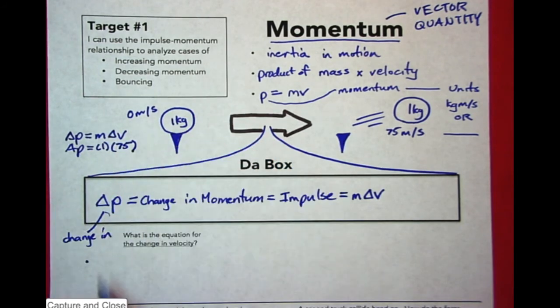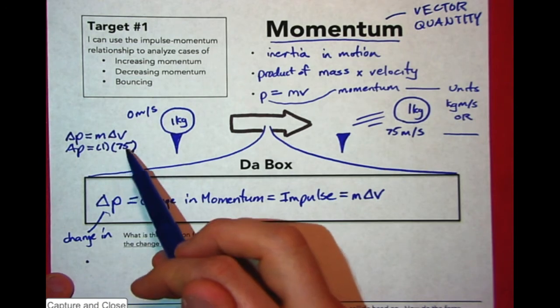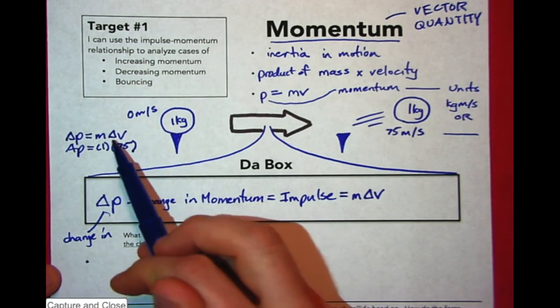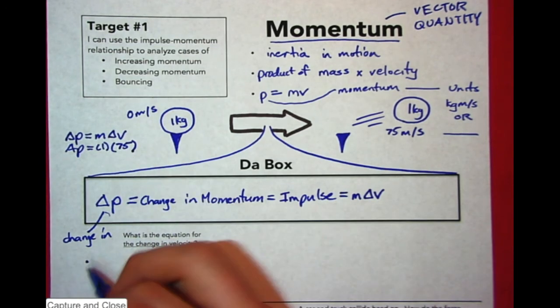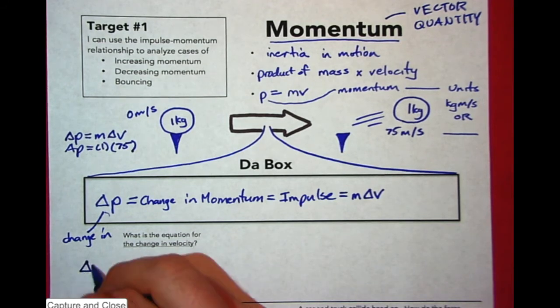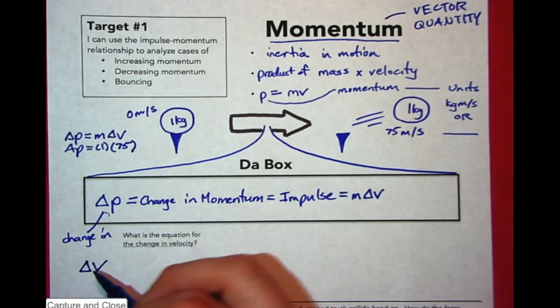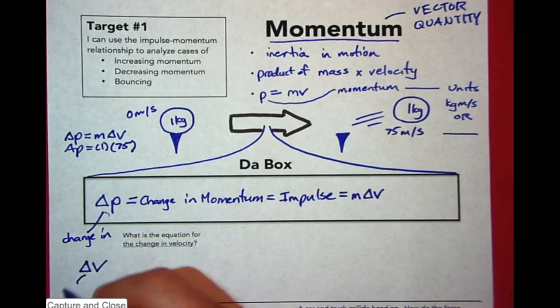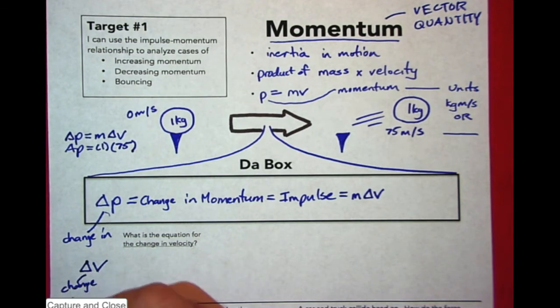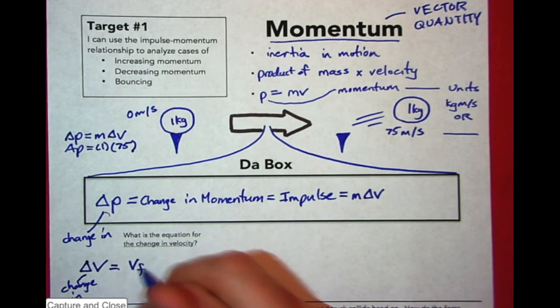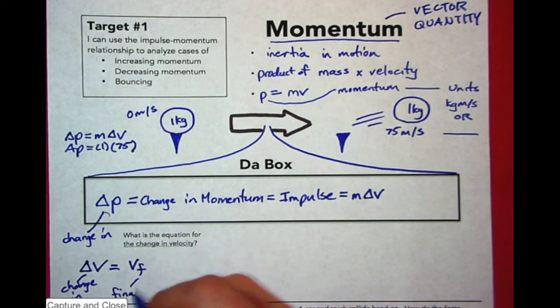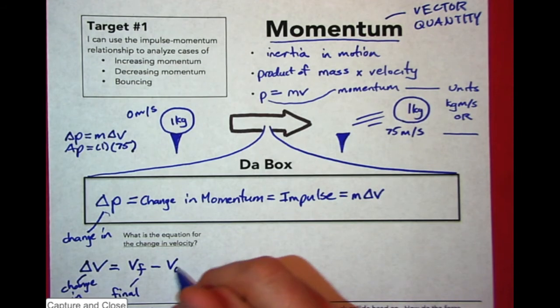Sometimes it's not going to be this easy, and if you're not sure how to calculate this delta V, when in doubt, let's use this equation here, which is for a change in any quantity. The change in velocity is equal to the final velocity, where f means final, minus the initial velocity, where that naught means initial.